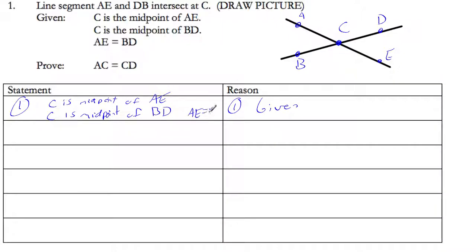And AE is equal to BD. If you remember when we looked at midpoint before, that means that it cuts them equal. So we know that AC is going to equal CE. We can say that this is because of the definition of a midpoint.